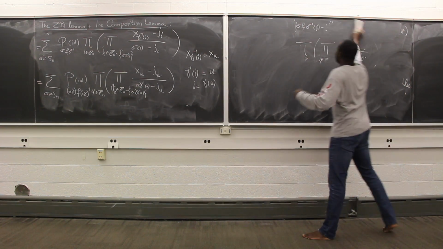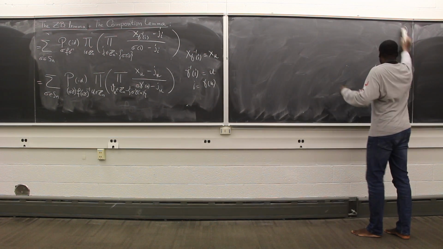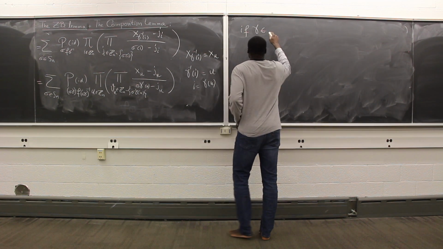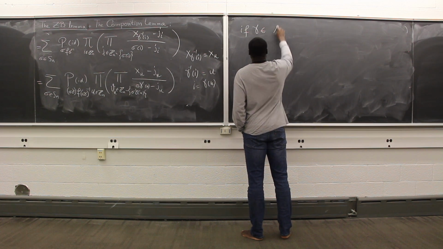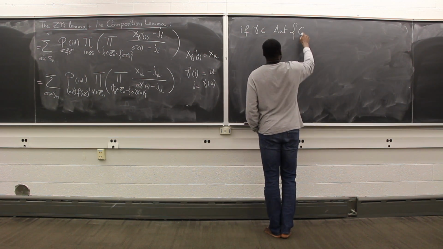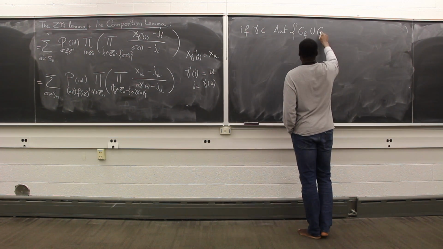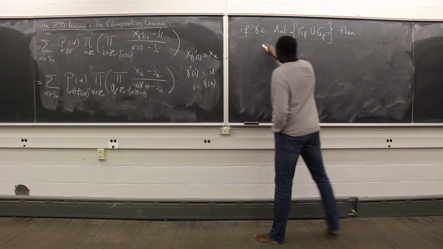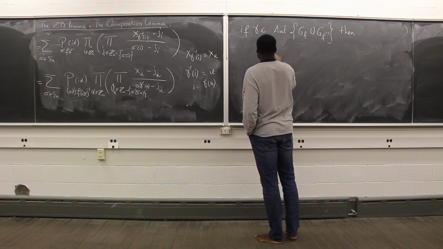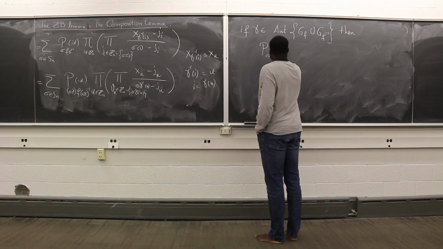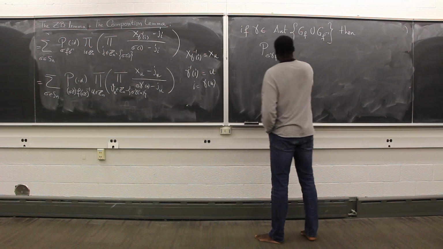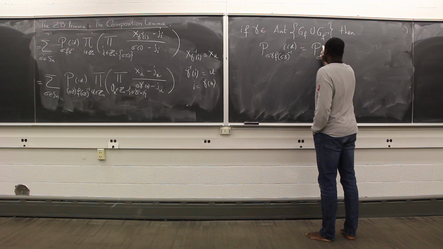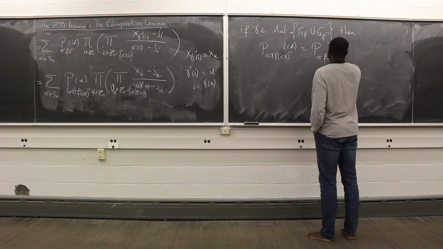So note that if gamma lies in the automorphism group of GF union GF inverse, then P sigma gamma F gamma sigma gamma inverse evaluated at identity is going to be P sigma gamma sigma F sigma inverse evaluated at identity.